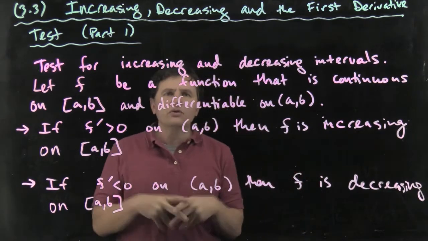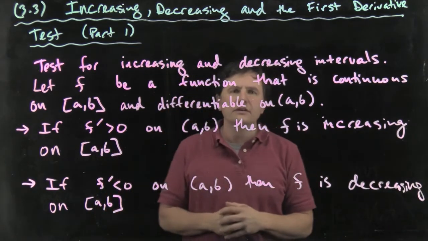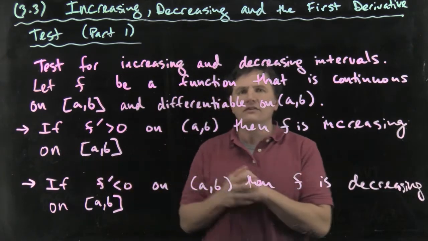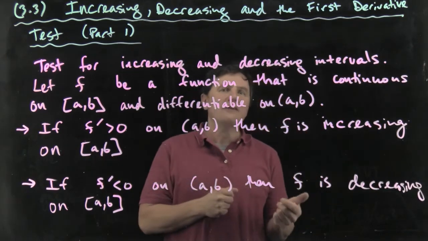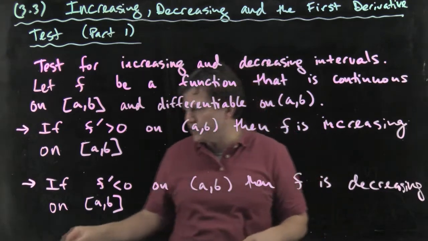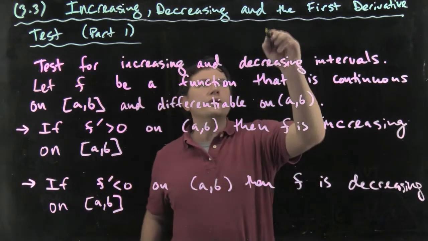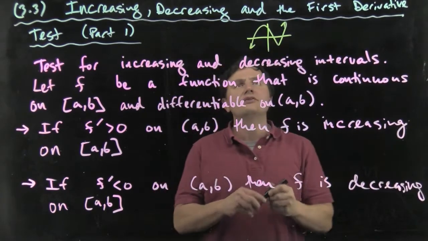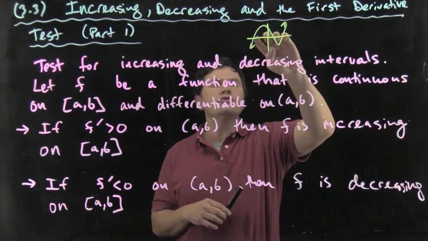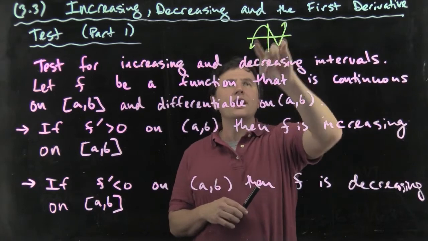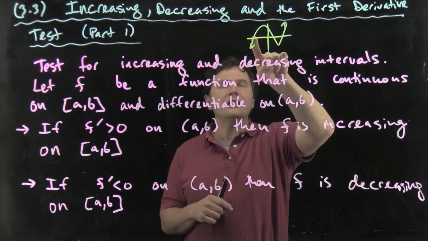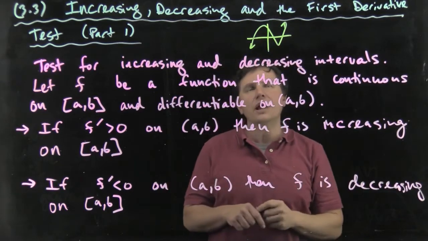Okay. Increasing and decreasing is an idea that has been introduced to you in earlier classes. You should be able to tell from a graph whether a function is increasing or decreasing. Pretty straightforward here. If I have a function like this, we're increasing when the values as we go from left to right are going up essentially, or a value on the left is less than the value on the right.